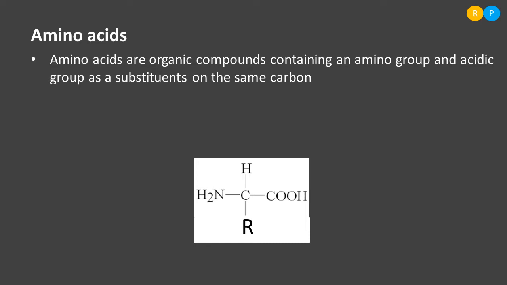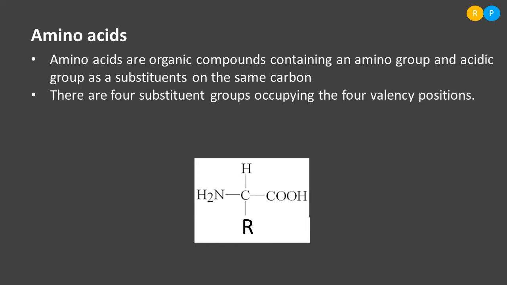So a single alpha carbon is attached with one basic group, the amino group, and another acidic group, the carboxyl group. These two are substituents on the same carbon, the alpha carbon, right? There are 4 substituent groups occupying the 4 valency positions. We have just discussed the acidic and basic substituents.